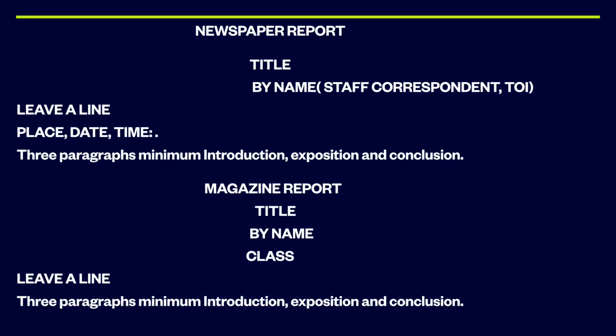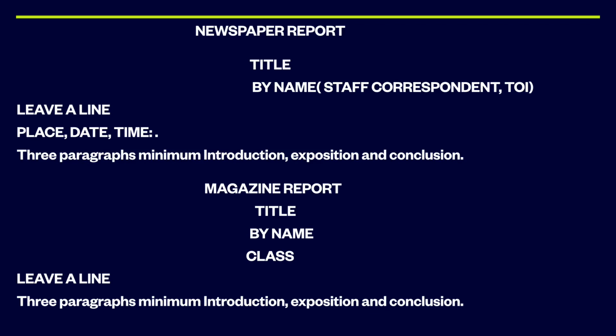Now let us look at the format of the newspaper report. First, we write the title, that is what this report is all about. By name is your name. Within brackets, you'll write staff correspondent or staff reporter. That is a must. After a comma, you write the name of the newspaper. I have written it in short form, TOI, that is Times of India.